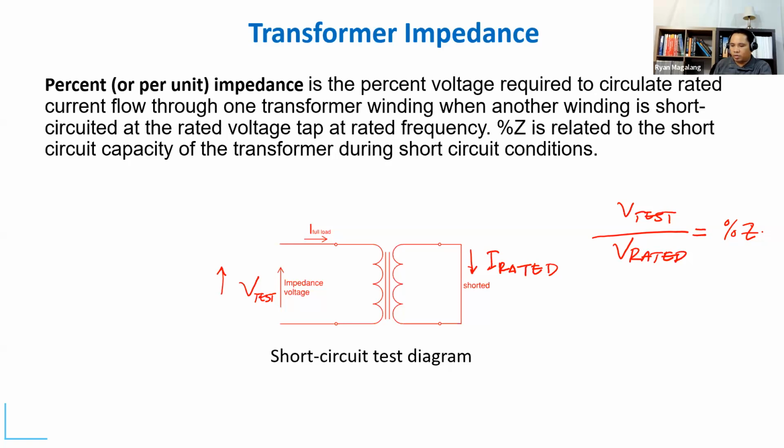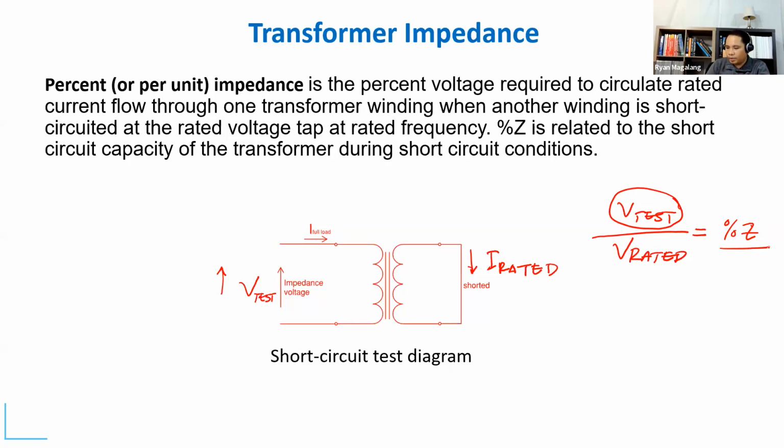In the old days, it's called impedance voltage, because they came from this idea that it's a voltage that is a ratio of the rated voltage. And that may sound kind of confusing. Why is the voltage divide voltage equal to percent Z?